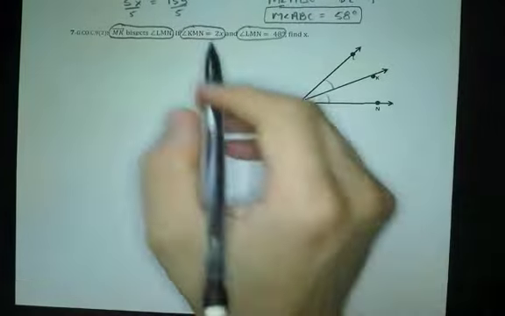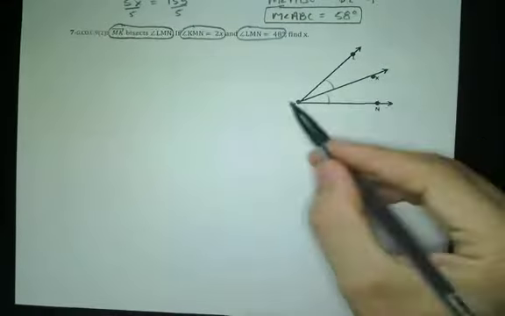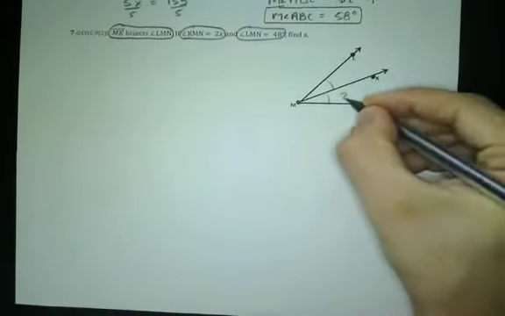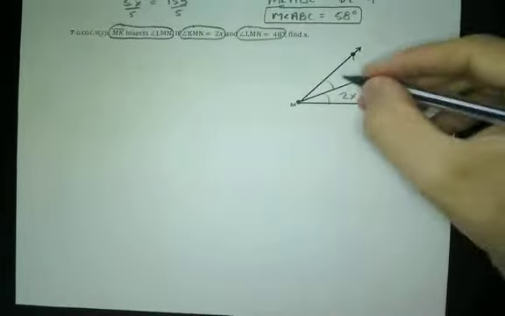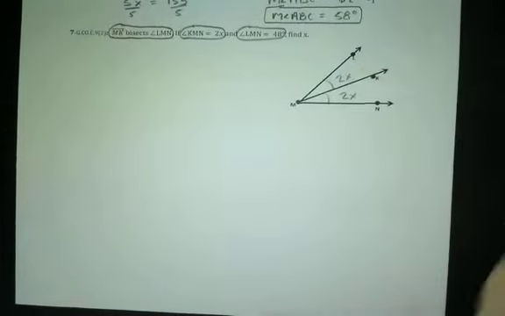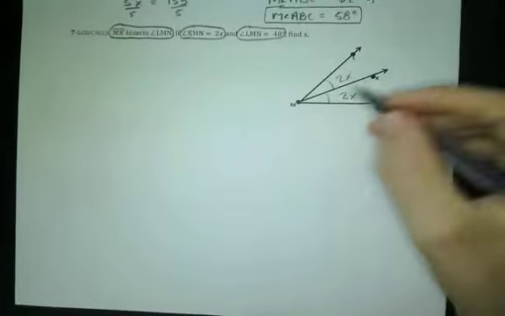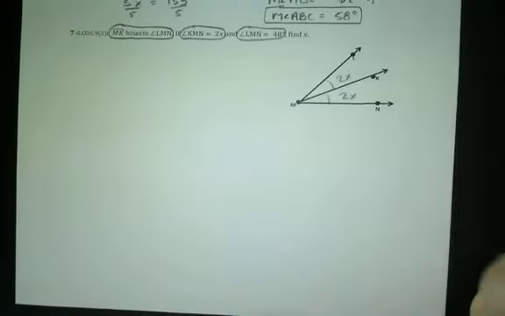I see that the measure of KMN is 2x, which means that LMK also has to be 2x. Once again, this line cut it in half, so these two angles are equal in measure.